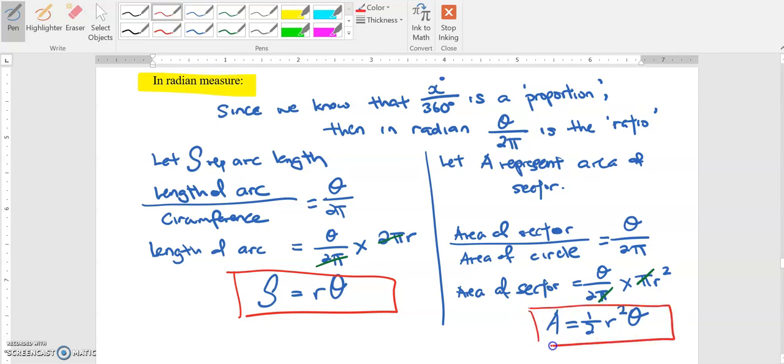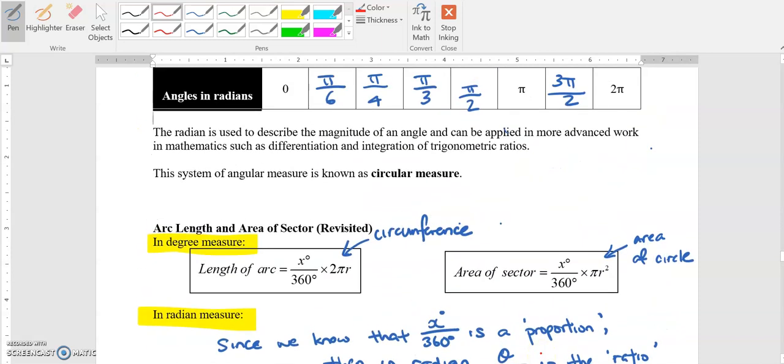I can use them when, instead of being given the angle in degrees, it is given in radians, I can use these two formulas to solve instead. So I once again repeat, this is the formula in radian measure, while just now earlier, above it, we have the arc length and the area in degrees.